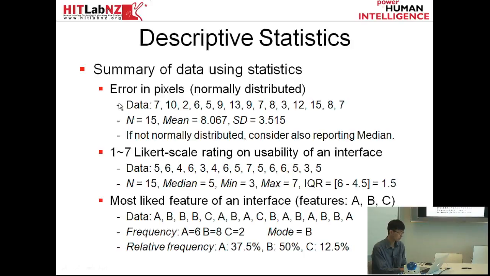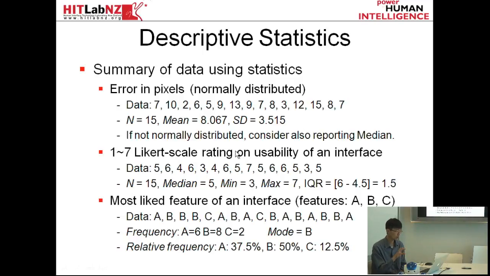So, for example, if you collected error in pixels in a pointing task, with 15 errors from 15 participants, let's say, then you can summarize it with descriptive statistics: you can report the number of samples, the mean of the whole measurement, and the standard deviation, so people can understand the distribution of the values that you've collected or measured.